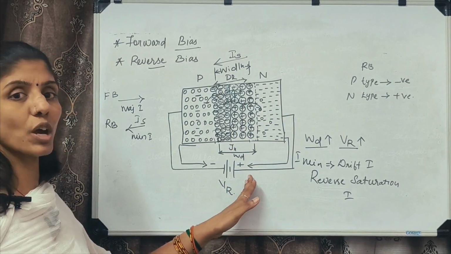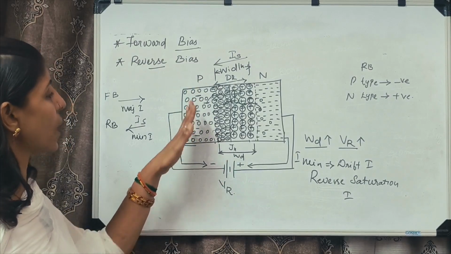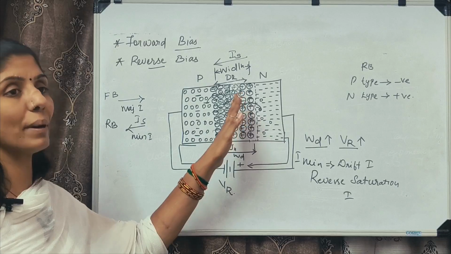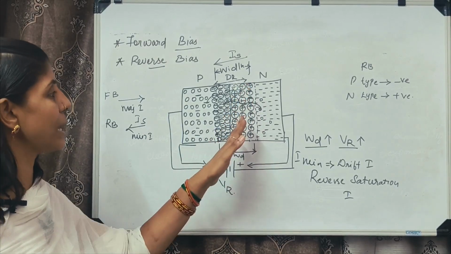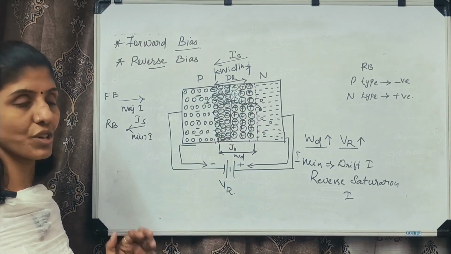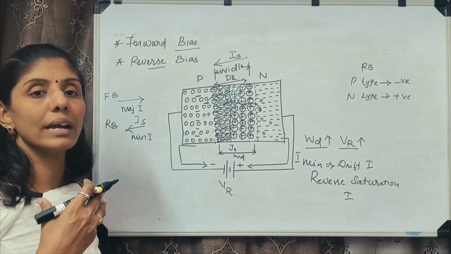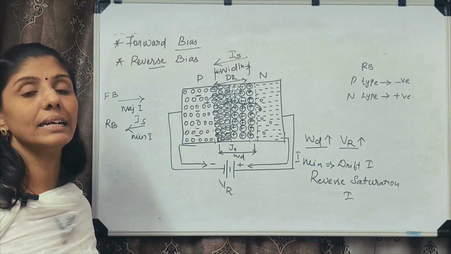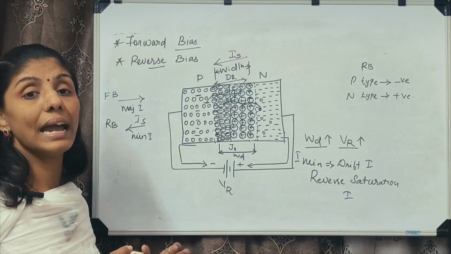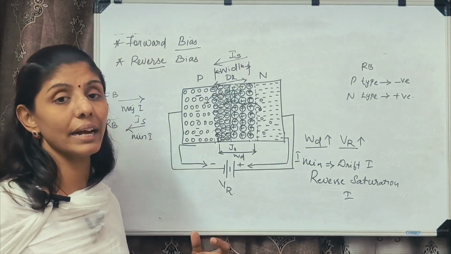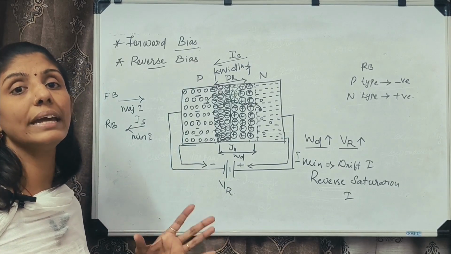Okay, right? So now all these holes are getting absorbed by the negative terminal, and all these electrons are getting absorbed by the positive terminal. So what are the minority carriers available here? They try to get absorbed by the ions available in the depletion region. If you want a diffusion current, the application of an electric field is necessary, right? If it is a drift current, there is no need of any electric field.